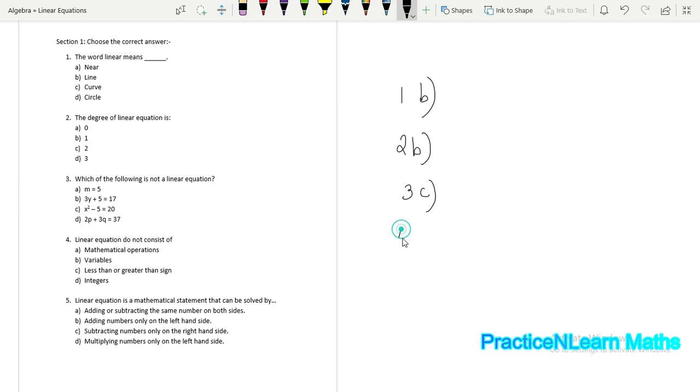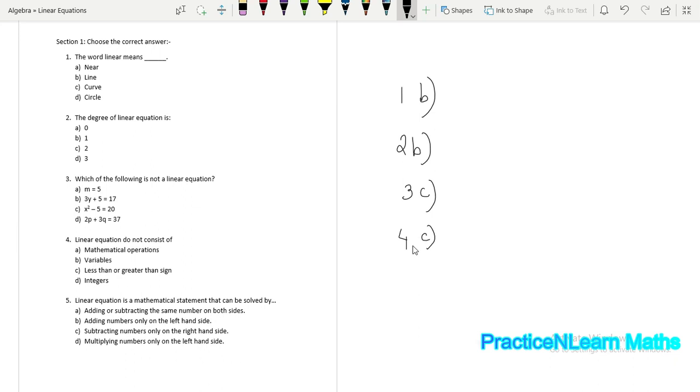Question 4. Linear equation does not consist of. Correct answer is 4C. Linear equations consist of integers, alphabets known as variables or pronumerals, mathematical operations like plus, minus, multiplication and division, and the equal sign. It does not contain lesser than or greater than sign.